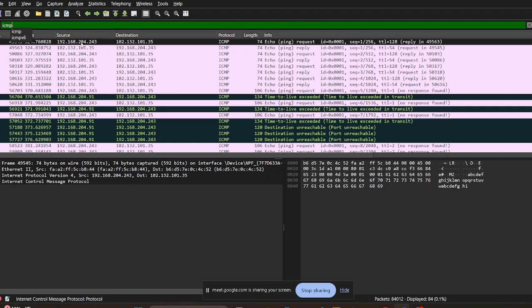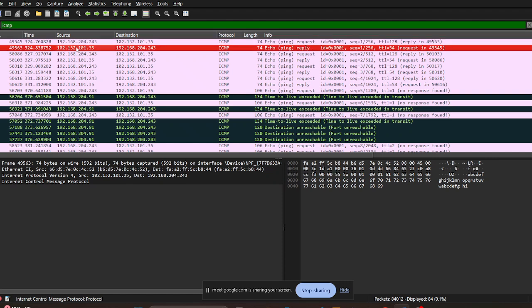My IP address that day was this, and then we pinged Facebook. The IP address of Facebook was this, right? And then I explained that with our ping, we send a request and then Facebook will reply, and that's what we are seeing here. My first ping here was this, as you can see, it's tagged as request. Then Facebook replies to the ping, tagged as reply.